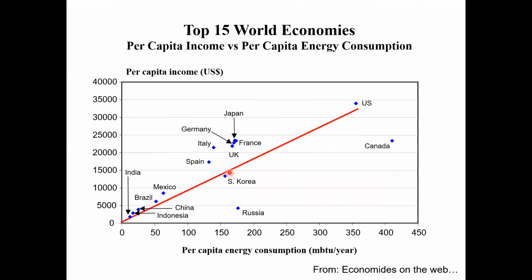Okay, and there is a direct correlation with prosperity. Here is per capita income on the y-axis, and per capita energy consumption. So as countries become prosperous, and every country will want to become prosperous, the people of the country will want to become prosperous, there is for sure an increase in energy utilization.